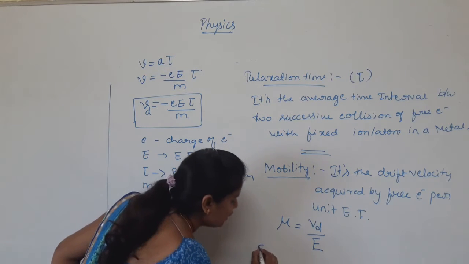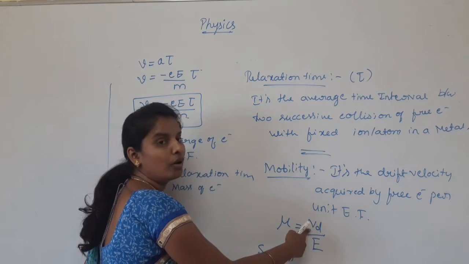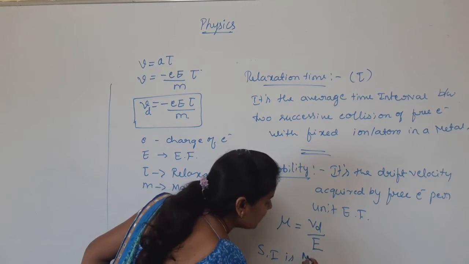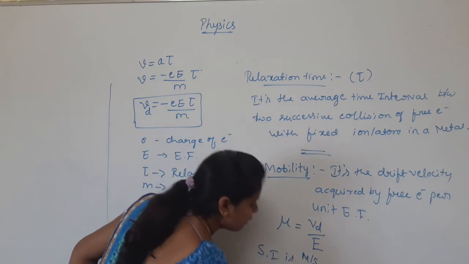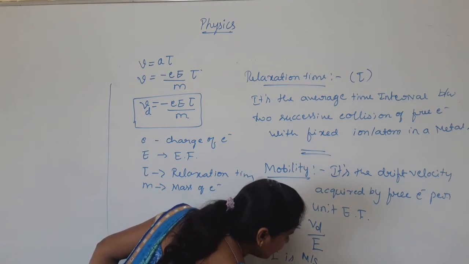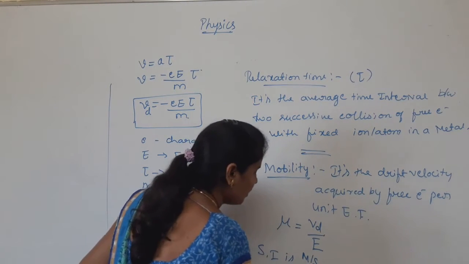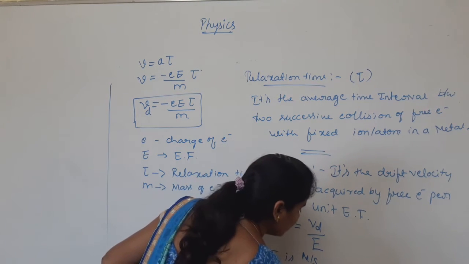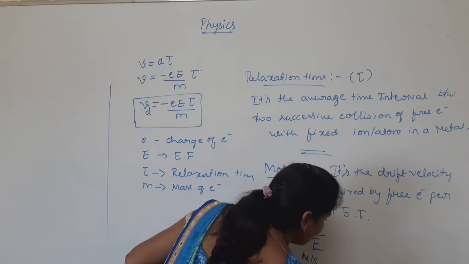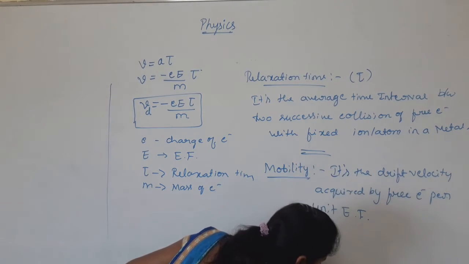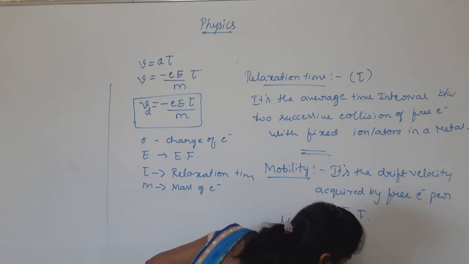Then the SI unit of mobility. The SI unit of velocity is meter per second. The SI unit of electric field is volt per meter. Therefore, meter per second into meter per volt, so this is meter square per volt second.